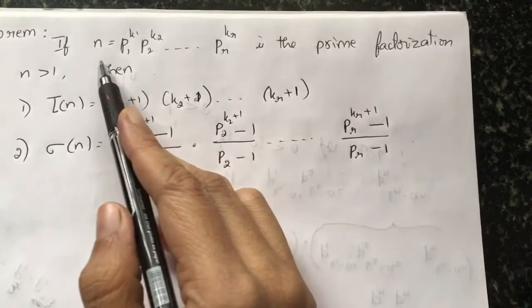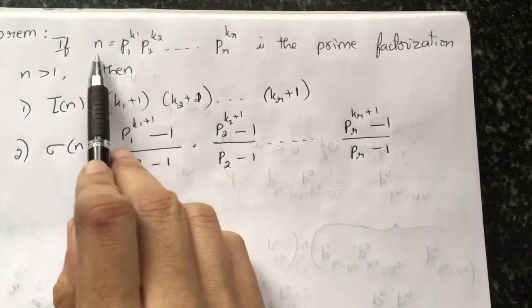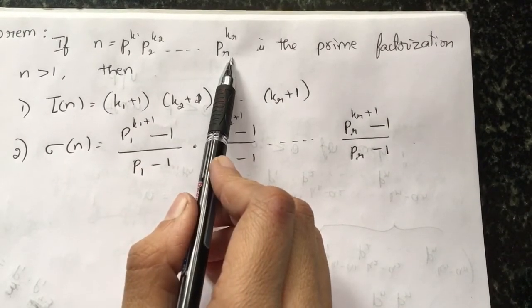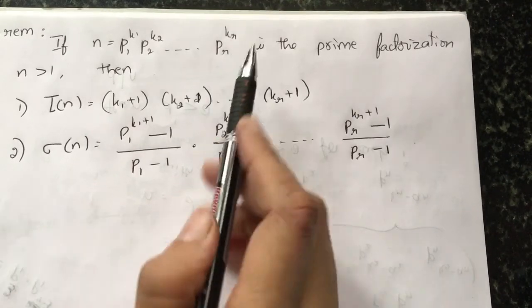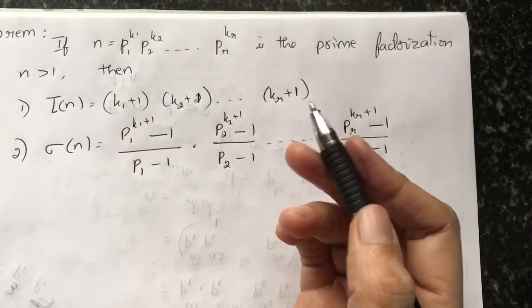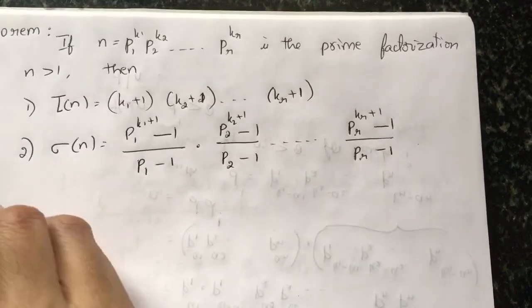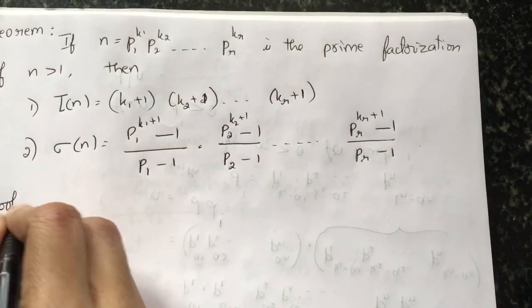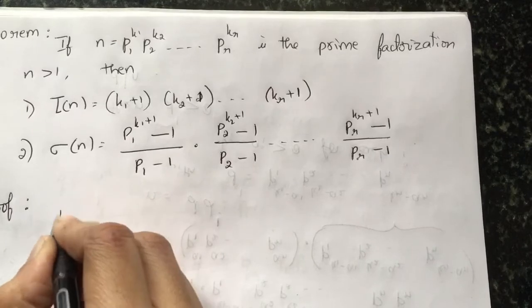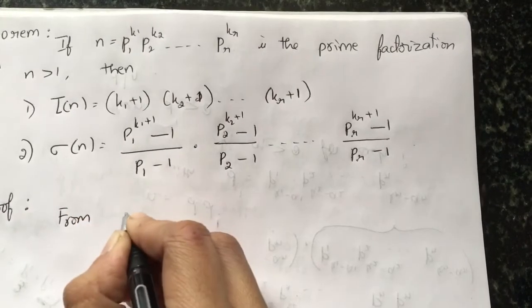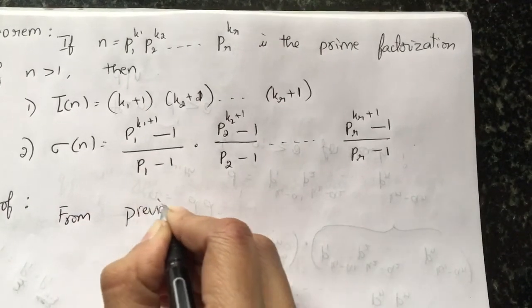From the previous theorem, if n is written like this, then the positive divisors of n are precisely those integers which have the form d equal to, I'll just write from previous theorem, okay.